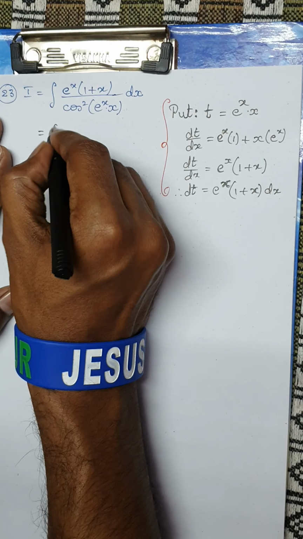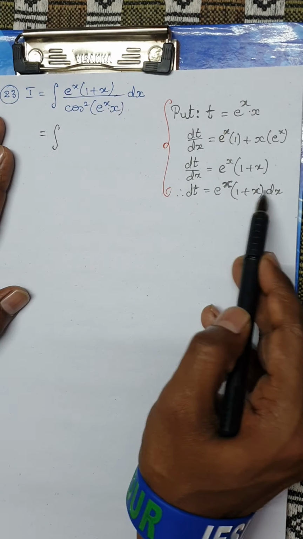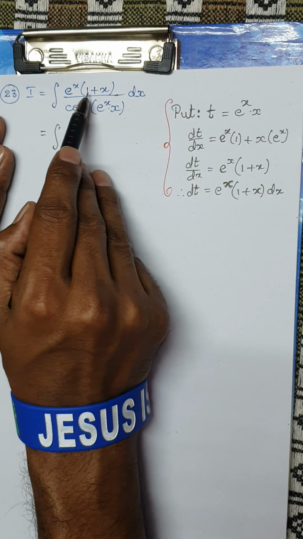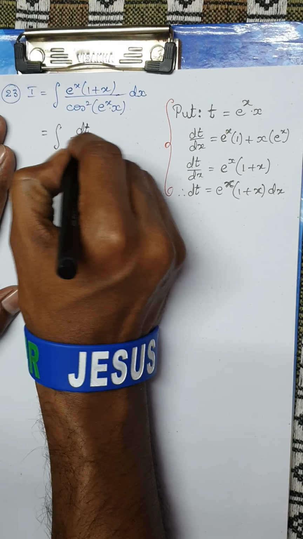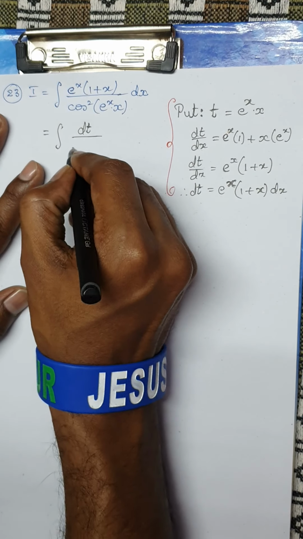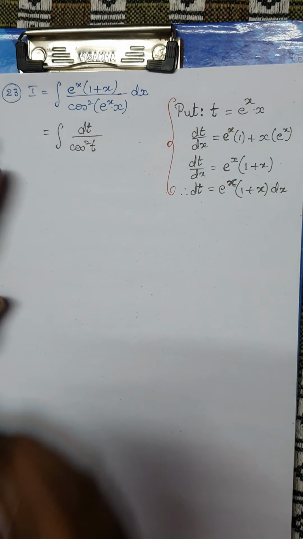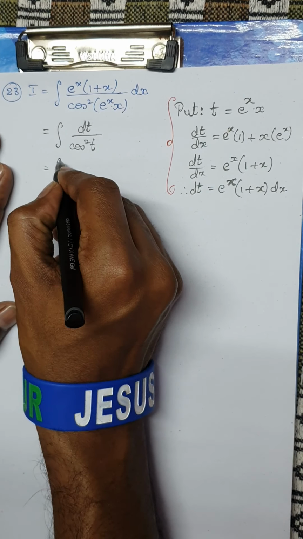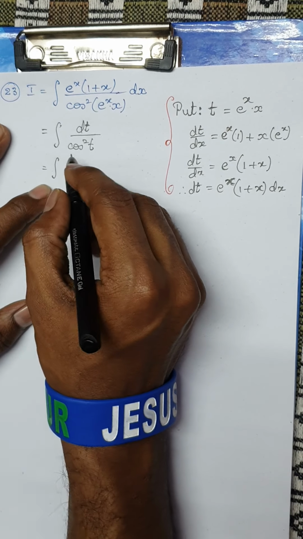Now look here, the integral becomes the integral of e power x into (1 plus x) dx. Look here what happens. E power x into (1 plus x) dx is the numerator. It will completely become dt. The denominator becomes cos square of t. So this is nothing but the integral of, now what is 1 by cos square? We don't have the integral for 1 by cos square as a standard integral.